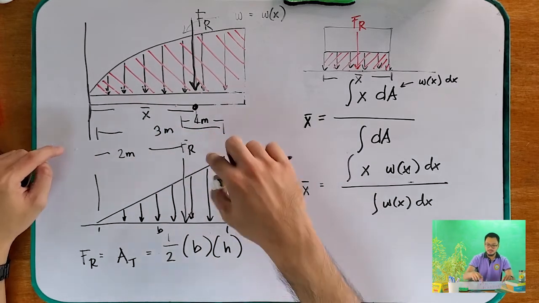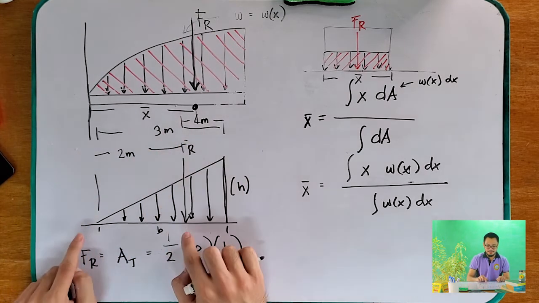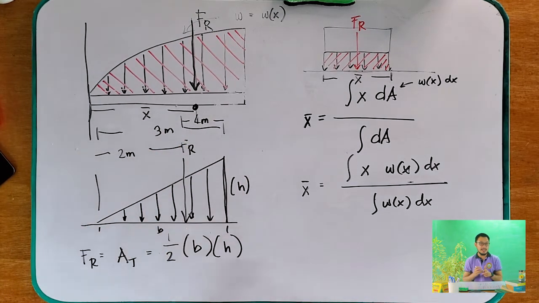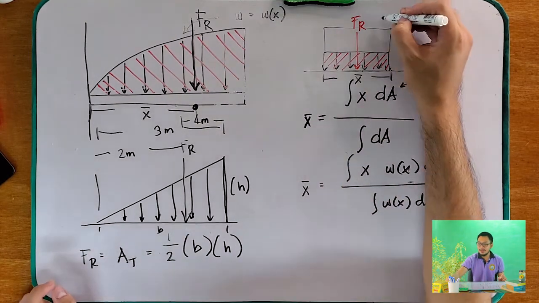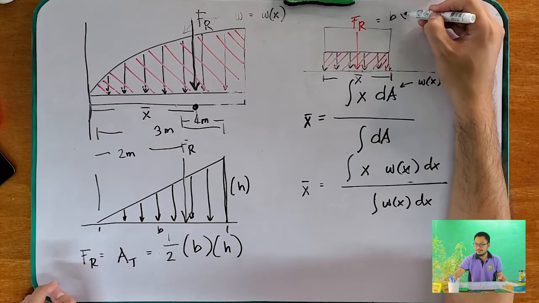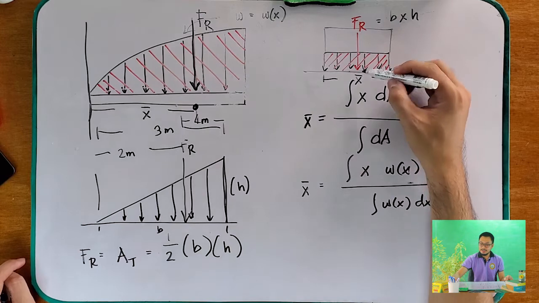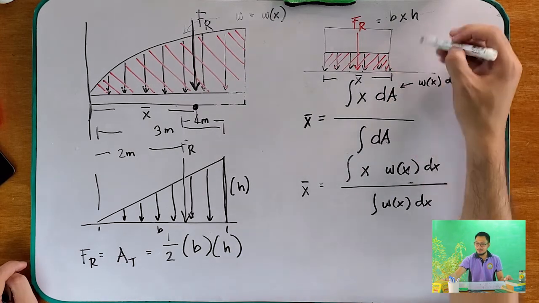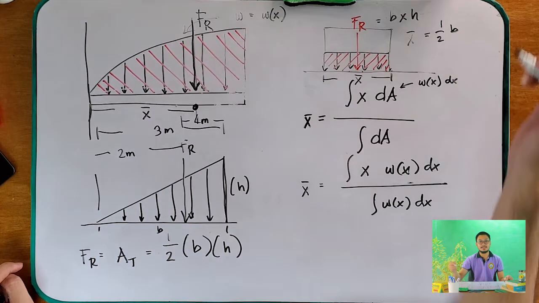Or basically, that is 1/3 from the largest end and 2/3 from the smallest end. So, that is it for the triangle. For the rectangle, to get the FR, what we do is base times height. And then, the location of our x bar is just equal to 1/2 of the base.